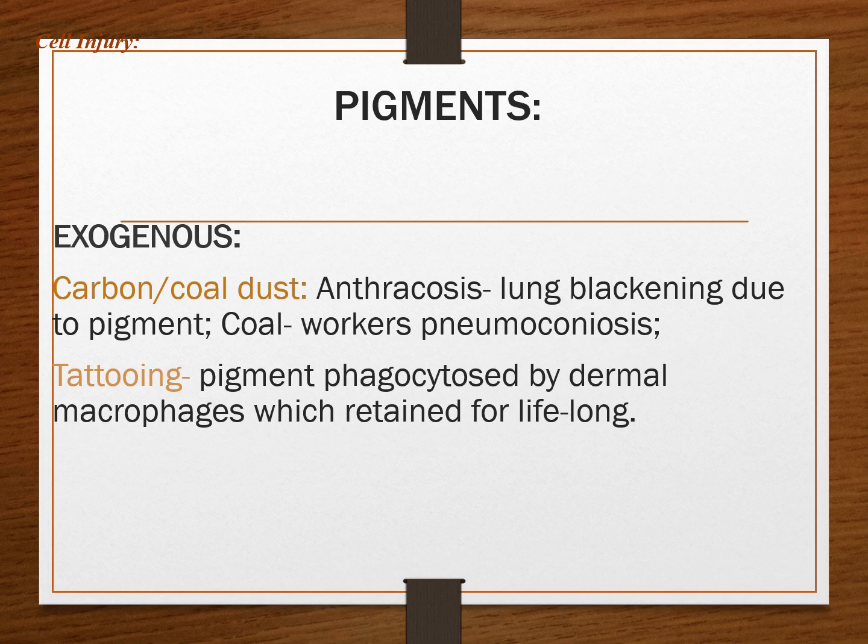And the blackening is due to this pigment, carbon or coal dust. It is also called anthracotic pigment. It is also seen in coal workers' pneumoconiosis. Next, exogenous pigment is tattooing. Pigment phagocytosed by dermal macrophages is retained for life.